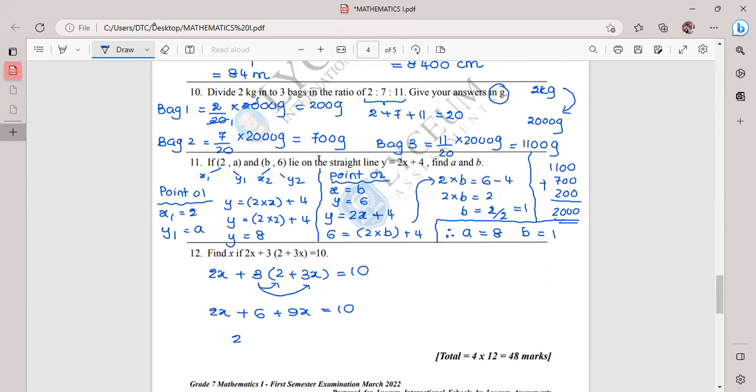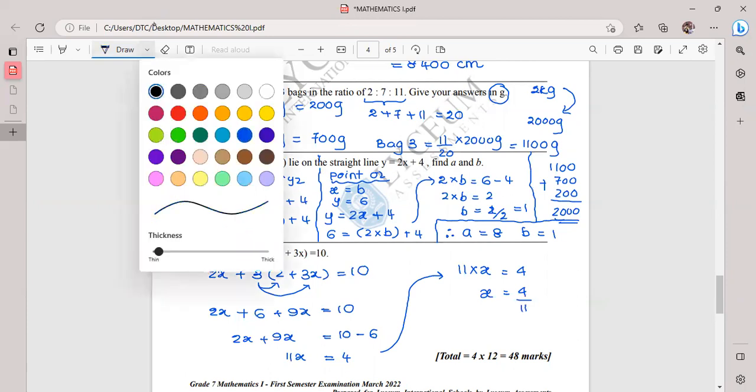Then you write the like terms, that is 2x plus 9x, and 10 minus 6. 2x plus 9x is 11x, equal to 4. So then you can bring the answer here. 11 times x equal to 4. So then x is equal to 4 over 11.